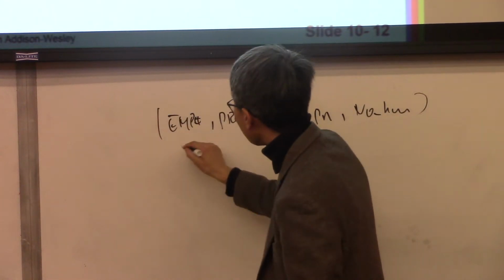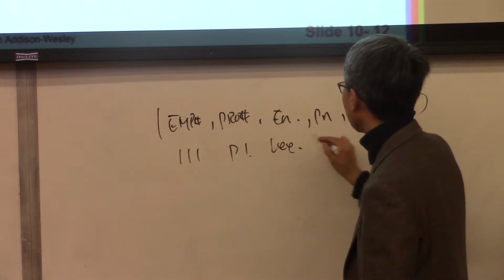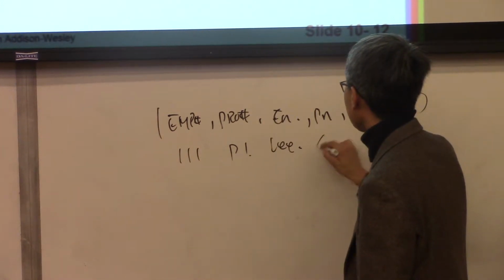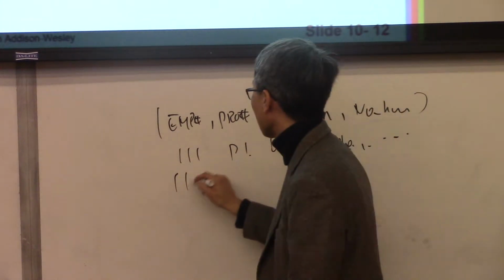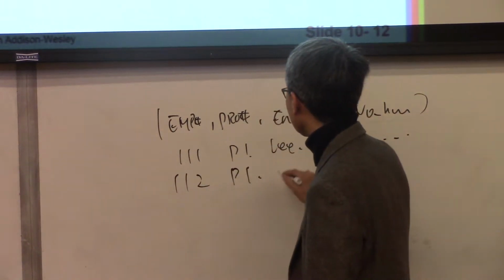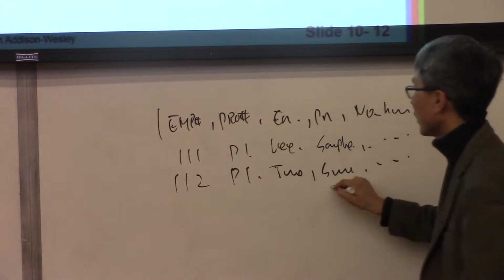For example, real data: 111, P1, the lead, and sample project, number of hours. 112, P1, and James, and sample, and so on.